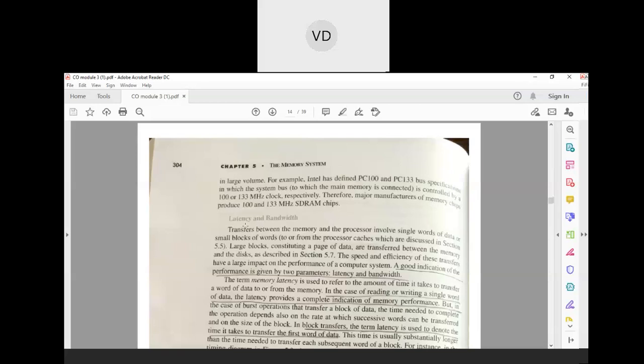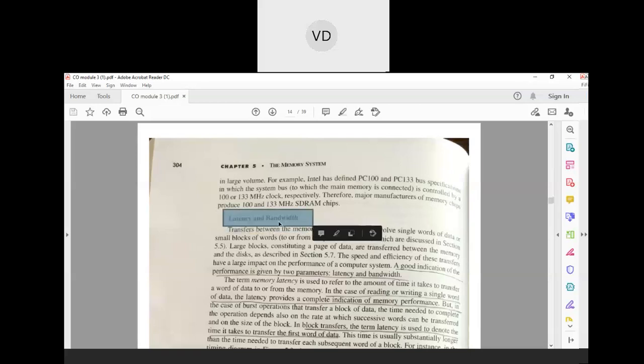You have to keep in mind what is the performance, or what is the speed with which we are going to transfer the data. Performance is also another consideration when you rate the performance of a computer. How it is performing, how efficiently we are going to transfer the data. While considering performance, these are the two important factors: latency and bandwidth.